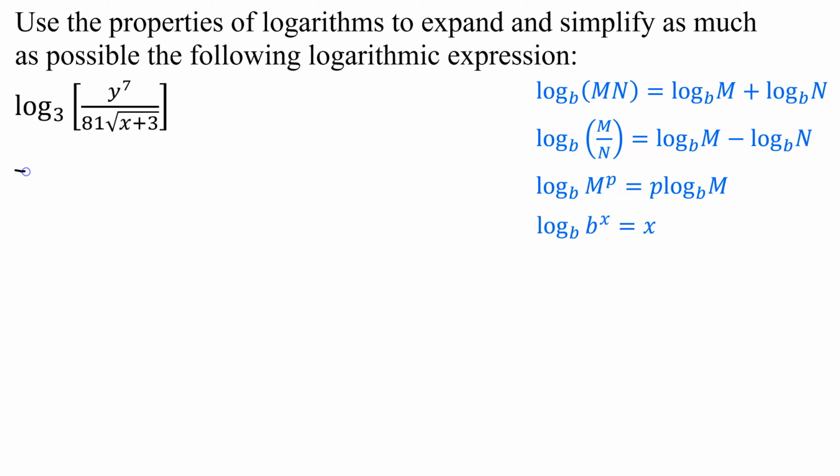So in my case, I'm going to have log to the base 3 of my numerator, which is y to the 7th, minus log to the base 3 of my denominator, that is 81 times the square root of x plus 3.